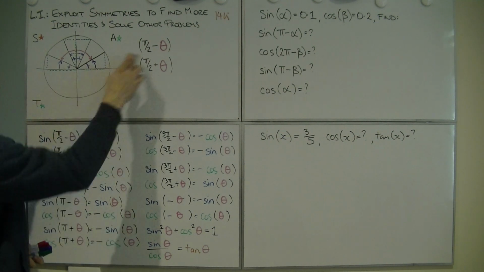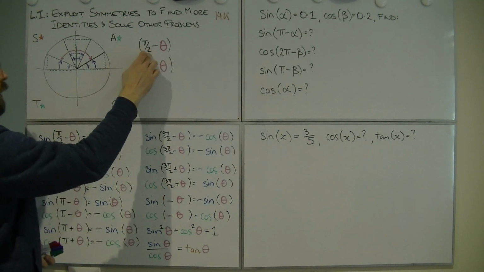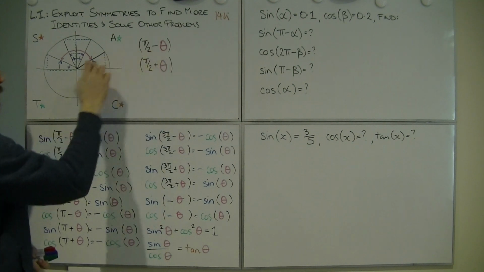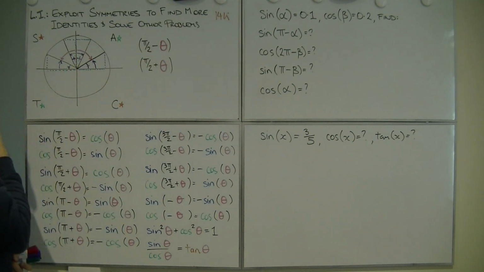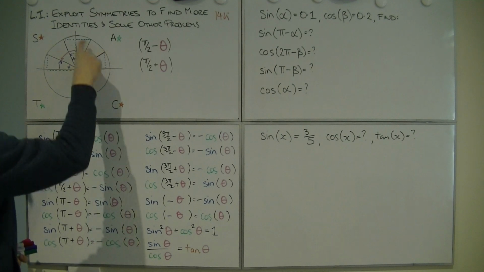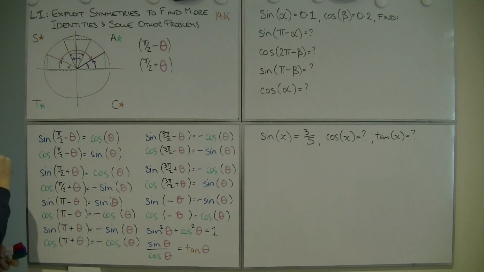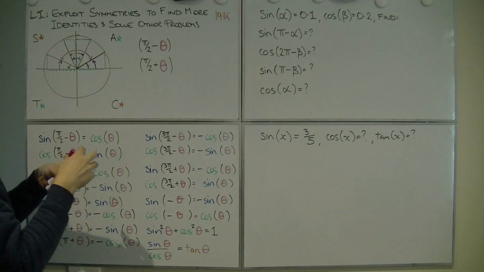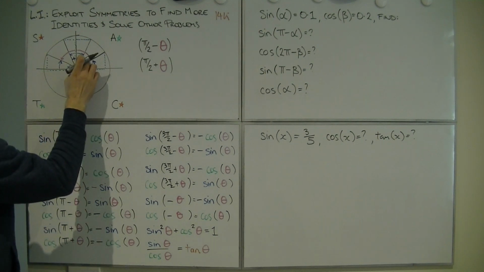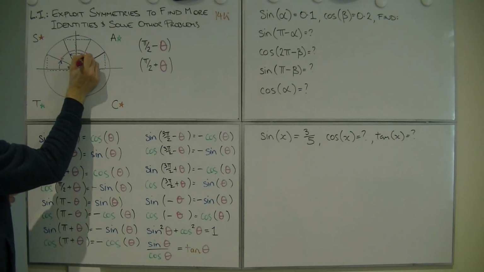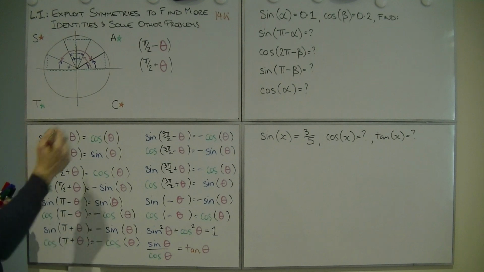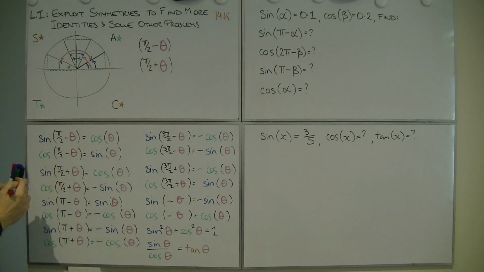Well, whatever pi on 2 minus theta is, it's going to be this purple amount. Well, we can exploit that and say, well, what if I just came up here by that purple amount? Alright, well then this angle in here, that would be back to this pink theta again.